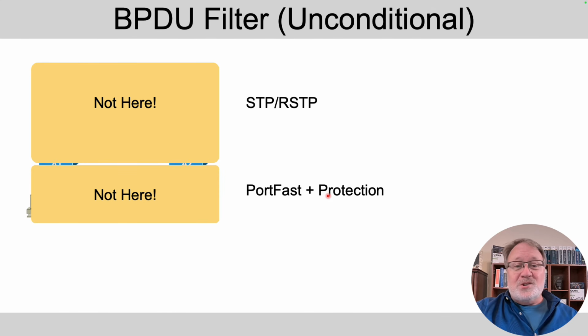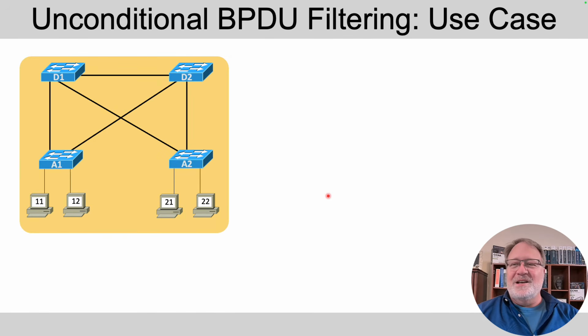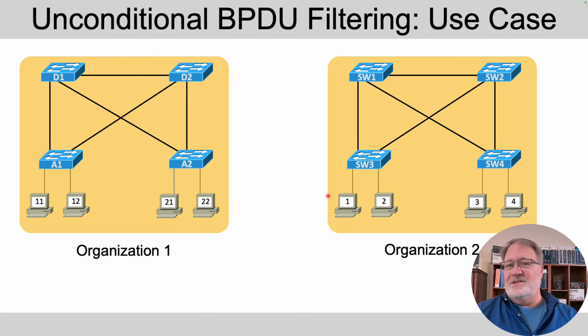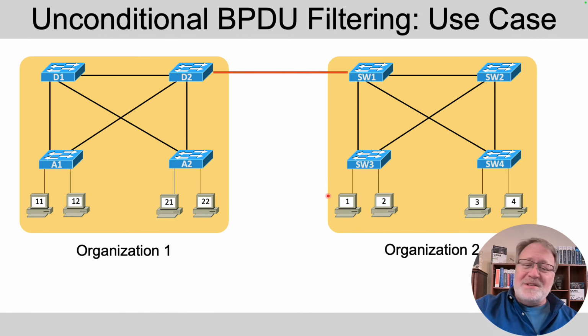So if you've got your LAN, and I just told you don't use this feature, where in the world do you use it? Well, it's most often used between two organizations. So here we go, Organization 1 and Organization 2. If you're going to connect your layer 2 networks, like these two LANs, with a cable like this, and it's going to be one connection, one cable, then you might say, hey, we're using spanning tree over here, we're using spanning tree over here, but there's no redundancy between the two, and we just want one link so we can forward some frames between each other.